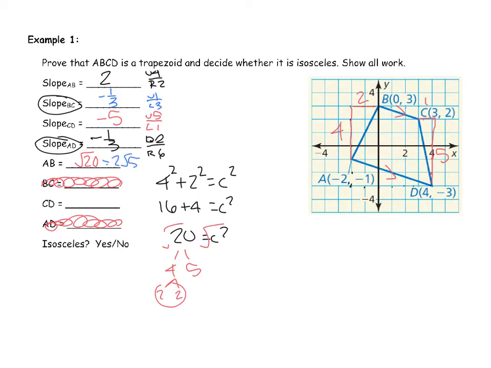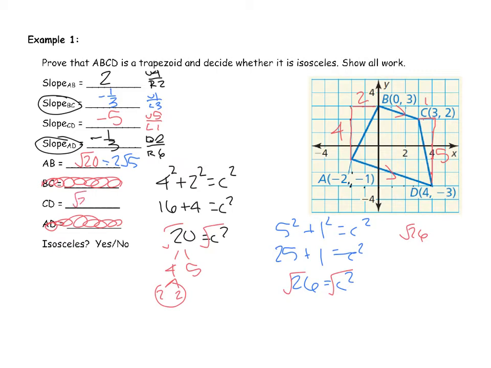All right, now let's look at CD. So that is 5 squared plus 1 squared equals C squared. 5 squared is 25 plus 1 squared is 1 equals C squared. You get 26 equals C squared. Take the square root of it. So square root of 26. Can you break down the square root of 26? 26 divided by 2 is 13. Can't break down 13.